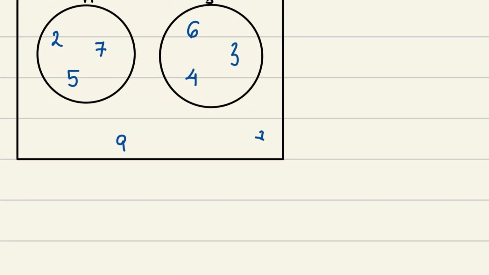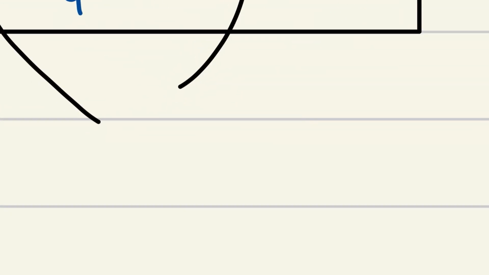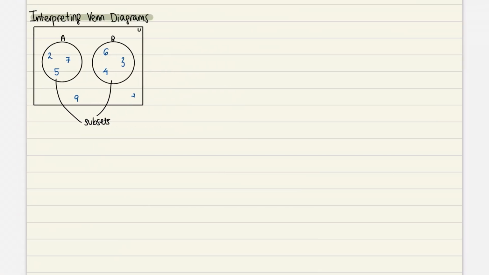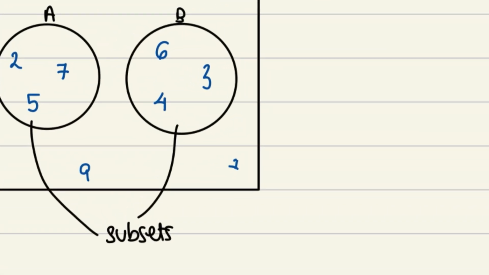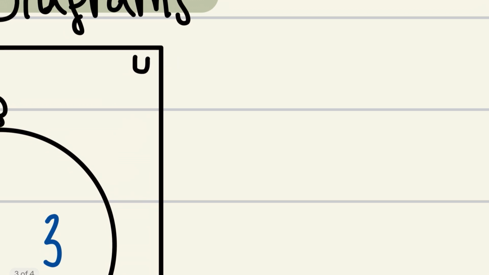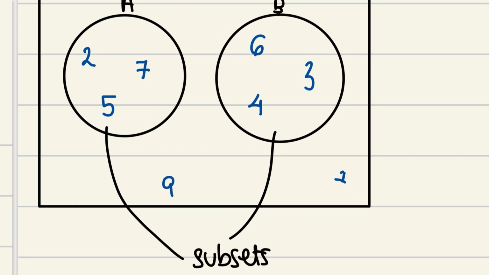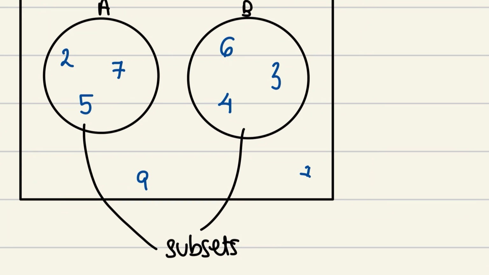As you can see, A and B over here are subsets of U, which is the universal set, because you can see that these two sets come under U. And we can also see that they don't have any intersection between each other, so we can tell that A and B are mutually exclusive because the intersection is 0.